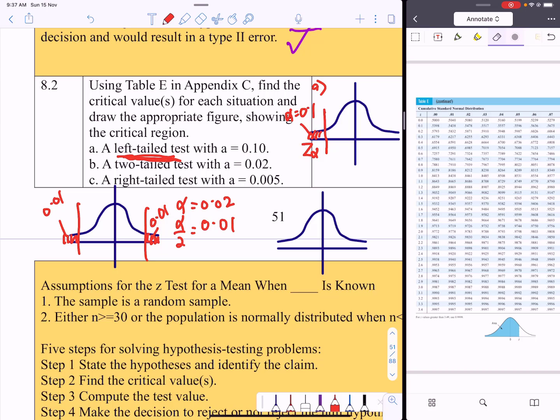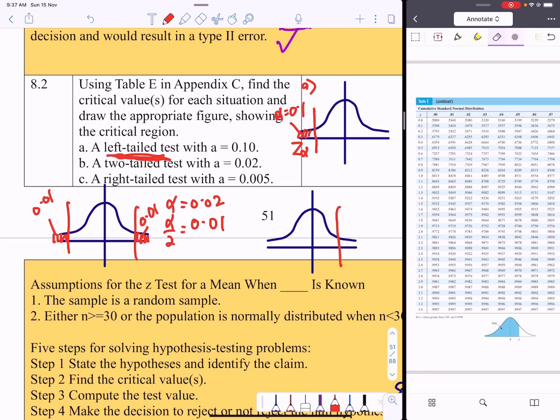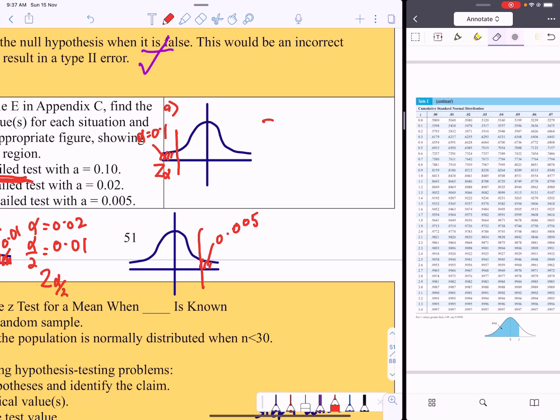A two tail. And then we have the right tail here, alpha 0.05. Okay, and then you find lah the Z score. Z alpha divided by 2, Z alpha.